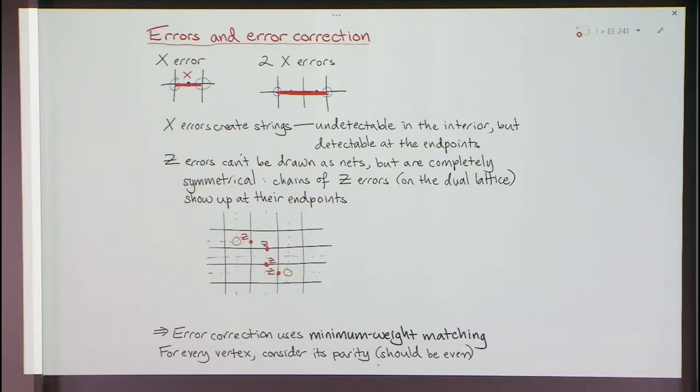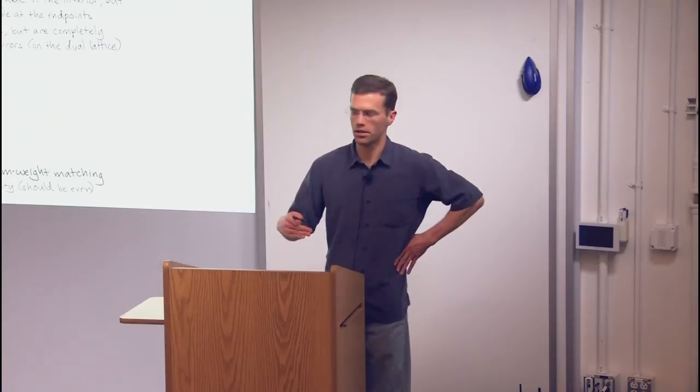Okay, so let's see how errors affect this code. It's fairly simple. Say you have, let me just draw the vacuum, the all zeros string. Say you have a single X error that flips a single edge from 0 to 1. That's going to be detected at the two endpoints, because now I have two vertices with odd degree, since the net will now dead end there.